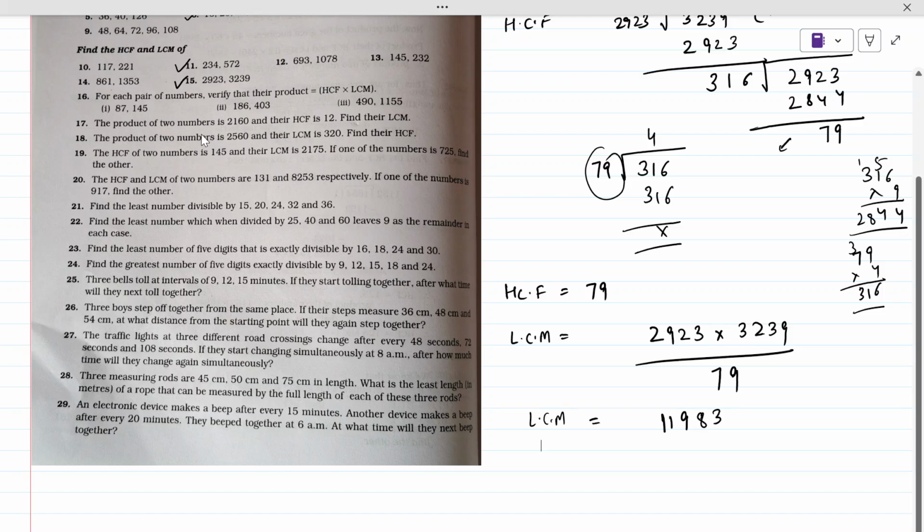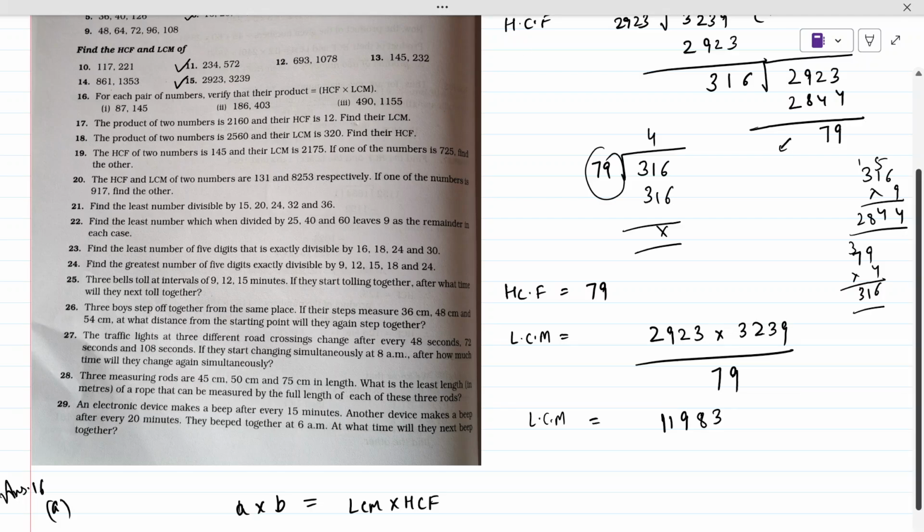Next is, for each pair of numbers, verify that their product is equal to their LCM. So what we have to do, kids, here, again, we have to find their HCF. We are given two numbers. I am just giving you a hint how we have to solve this question. This is the same as how we have done. We have A multiplied by B is equal to LCM multiplied by HCF.